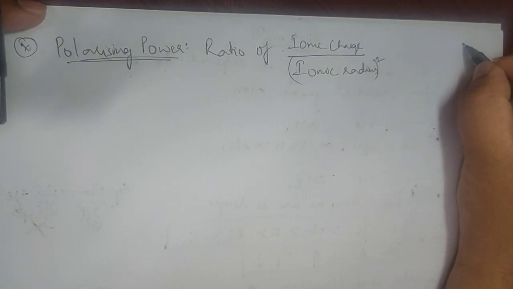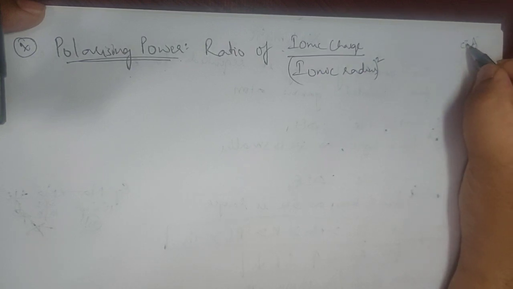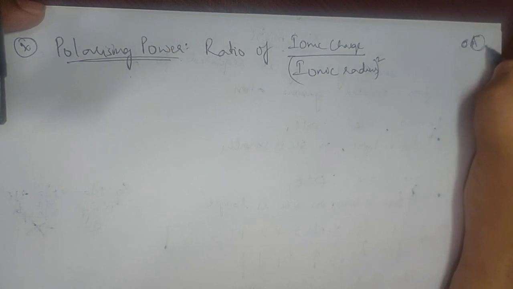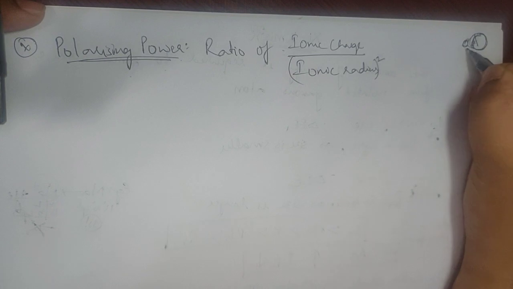Suppose I have a cation and an anion. Cations are generally smaller in size and anions are bigger in size. Now this cation, which is smaller, and this anion, which is bigger: the anion will be distorted, will become shapeless over a period of time, due to the force of attraction by the cation.